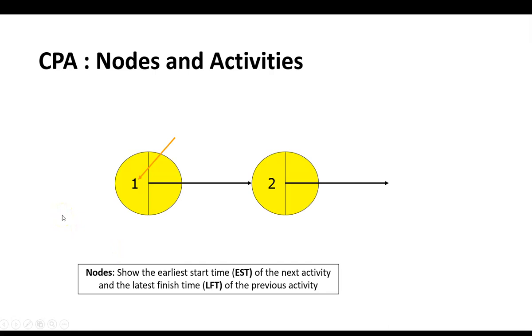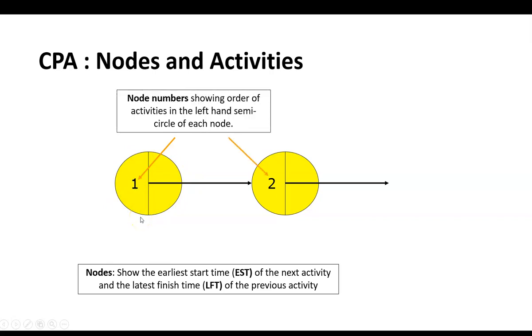You have nodes. A node is numbered. You see these circles and the number attached to it. They show the order of activities. You then add into that the earliest start time.